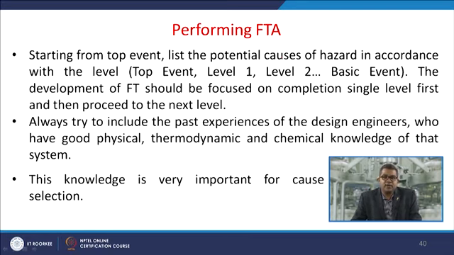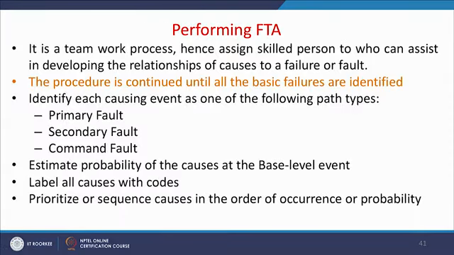Always try to include past experience and design engineers who have good physical, thermodynamic or chemical engineering knowledge of that particular system. This knowledge is very crucial for cause selection. It is usually teamwork, hence assign skilled persons who can assist in developing the relationship of the cause to a failure or fault.